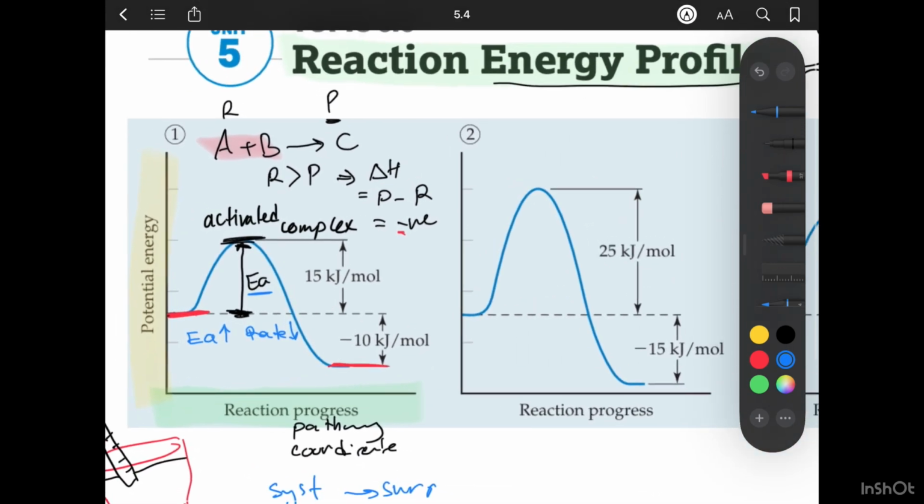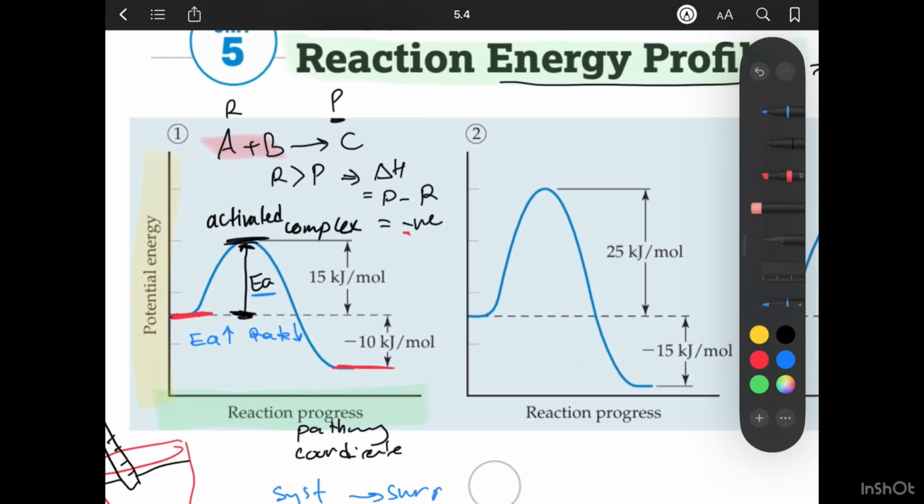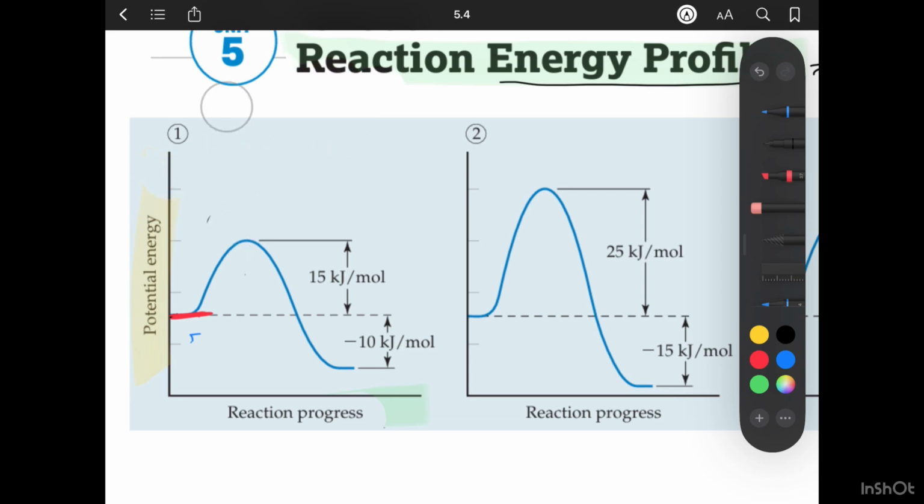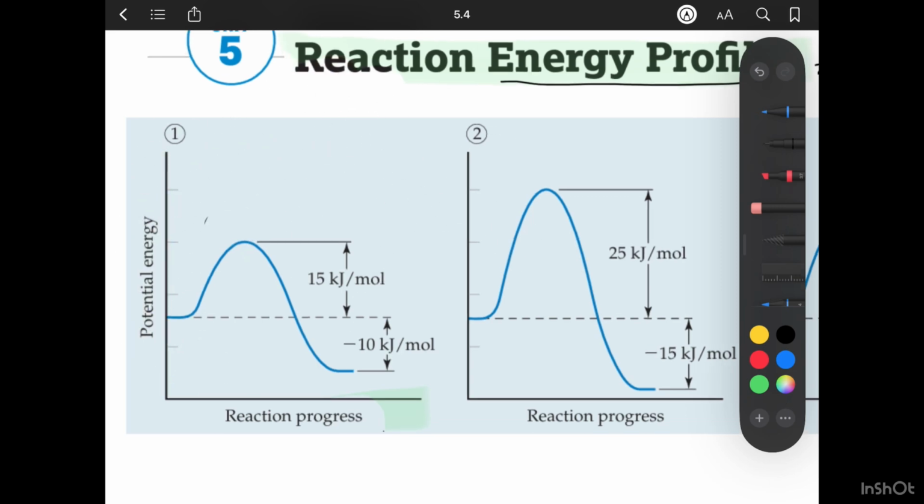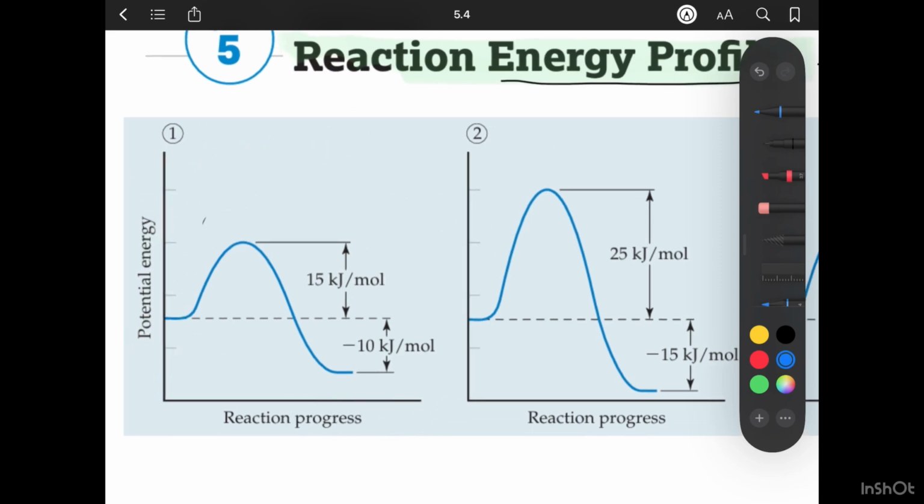So for example, if we compare this, let me erase all of this. The second graph also represents an exothermic reaction, but there's a difference. Let's start with the common things. This is 1 and this is 2. In both 1 and 2, the reactant energies are greater than the energy of the products.